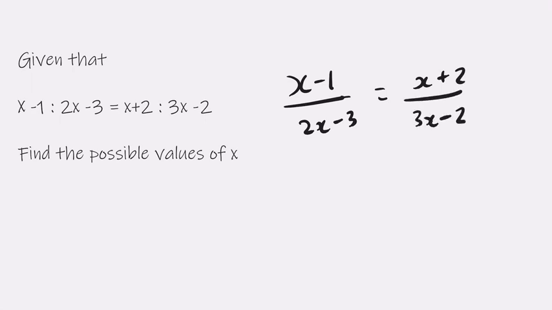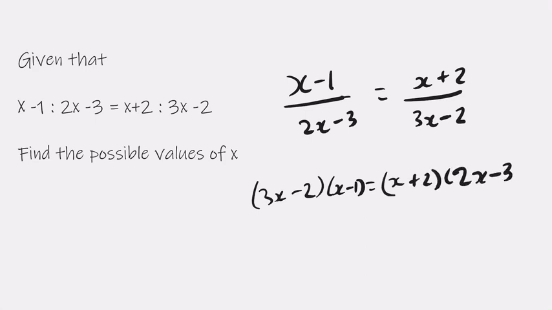So now we can cross multiply. So 3x minus 2 times x minus 1 equals x plus 2 times 2x minus 3.